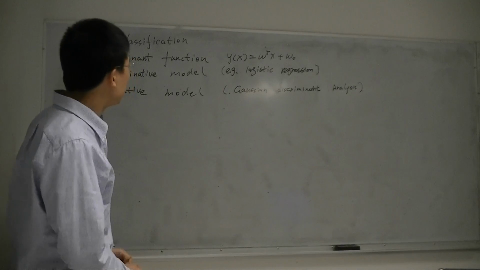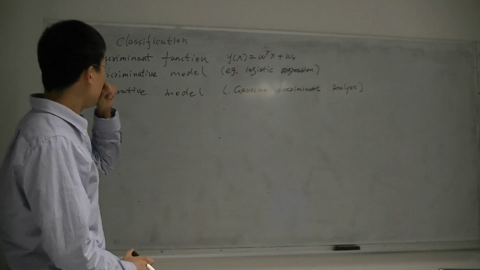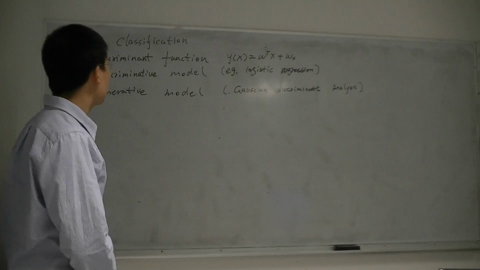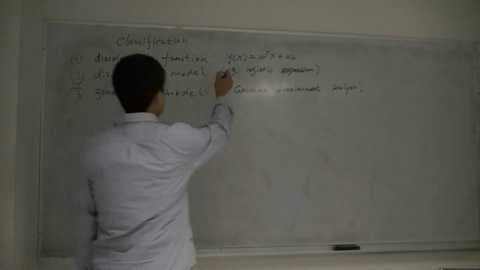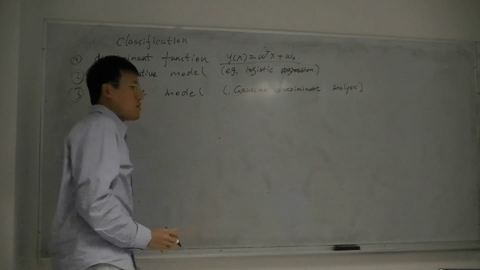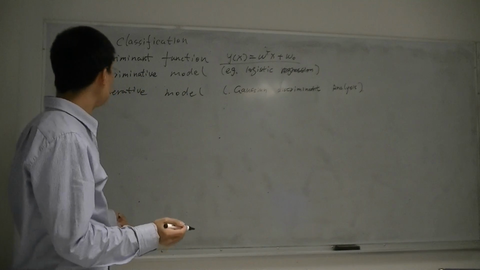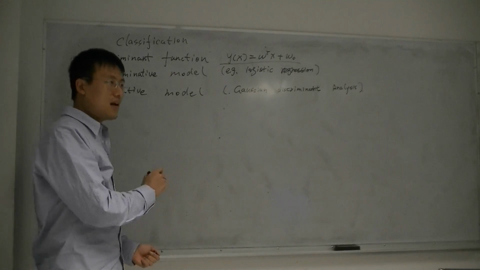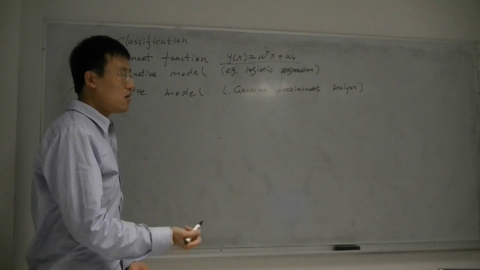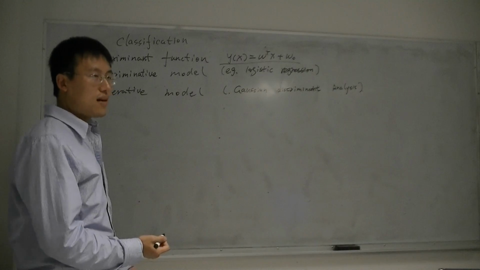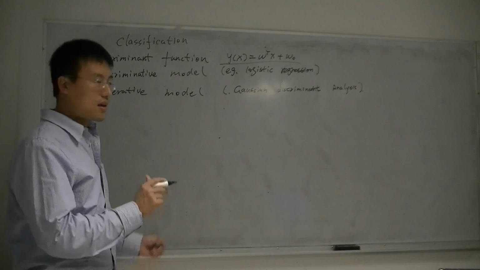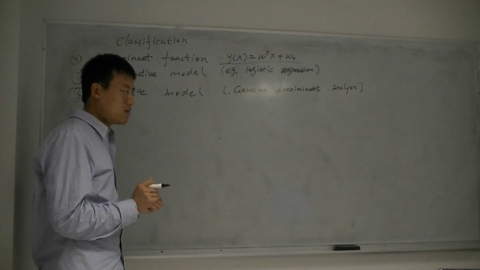First, let us have a quick recap of the first two methods. For the first one, we just use a function, and given any input x, we output a function value y of x. Here we only consider binary classification.